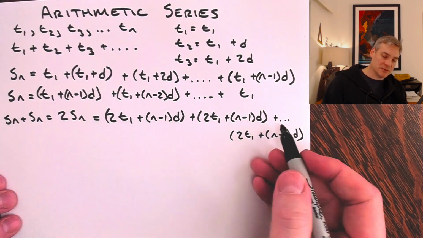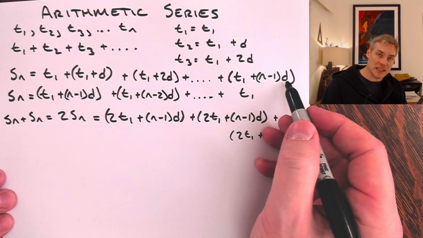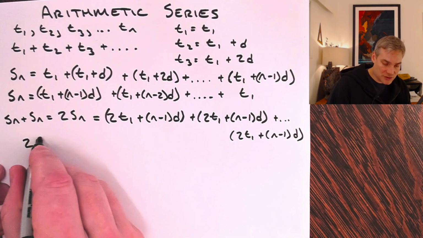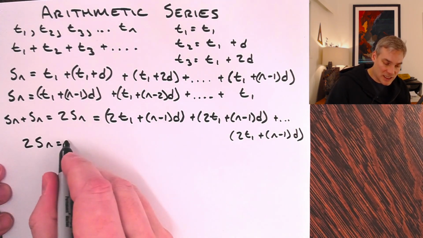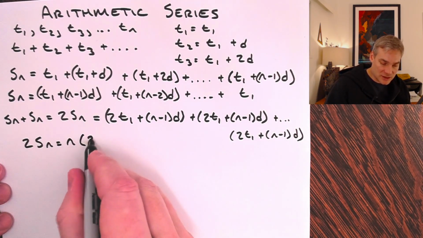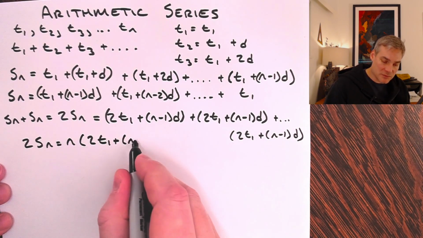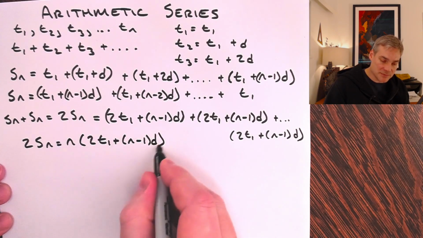But how many terms are there? Well, this is Tn, so there's actually n terms. So I'd say 2Sn equals n times 2T1 plus n minus 1 times d.